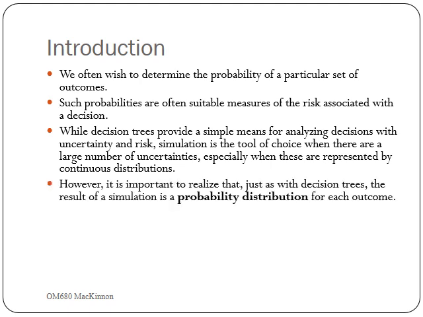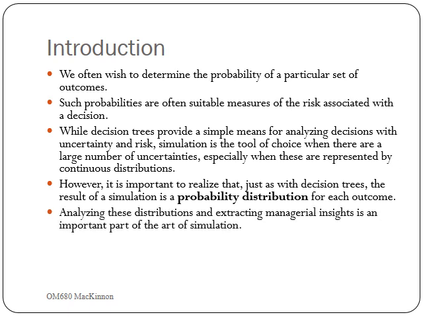But we do have to remember that the results are a probability distribution for the outcome, not a single value for the outcome. These are not deterministic. It is left up to the decision maker to look at the results of the simulation and see what insights they can gain from it.